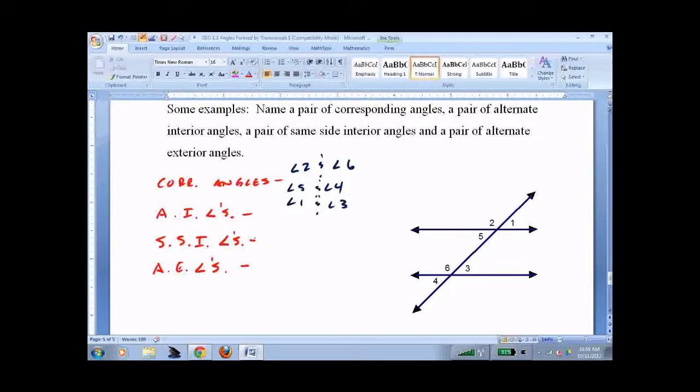Alternate interior angles, there's only one choice, angle 5 and angle 3. And same side interior angles, again, there's only one choice, angle 5 and angle 6. And change color, make that easier to see. And alternate exterior angles would be angle 4 and angle 1.